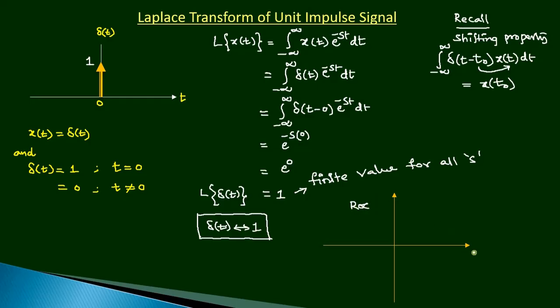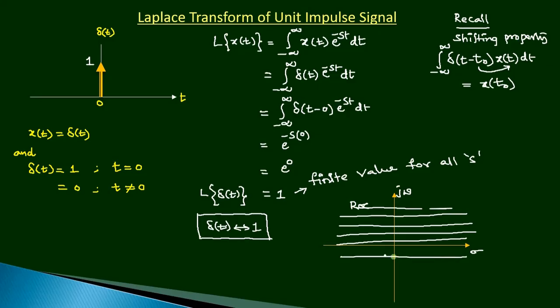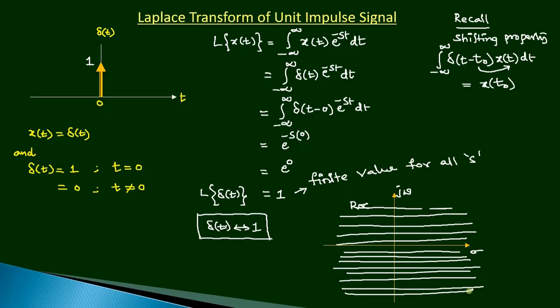This is the s plane, with sigma on the x-axis and j omega on the y-axis. The ROC for this impulse signal exists on the entire s plane, so we draw it from the negative axis to the positive axis of the s plane. This indicates the ROC of the impulse signal.